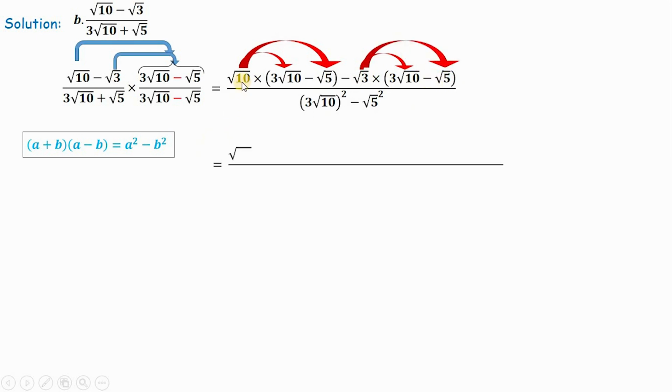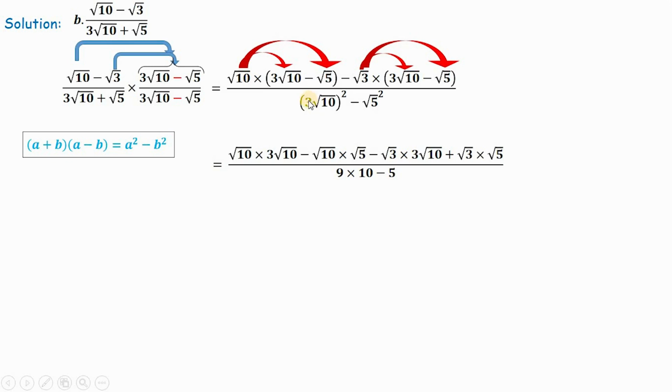So here we get root 10 into 3 root 10. Now here root 10 is plus, so plus into minus is minus, root 10 into square root of 5. So minus into plus is minus, root 3 into 3 root 10, and minus into minus is plus. Now here, very important, the multiplication of the signs. Minus into minus is plus, so root 3 into root 5.